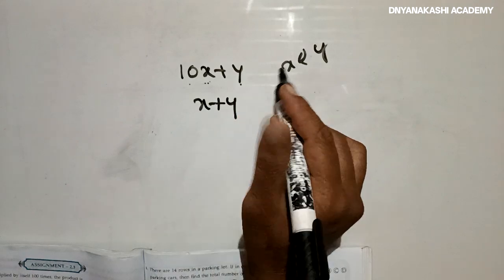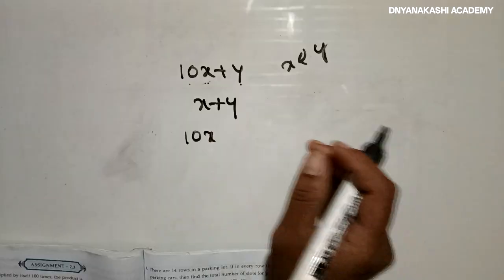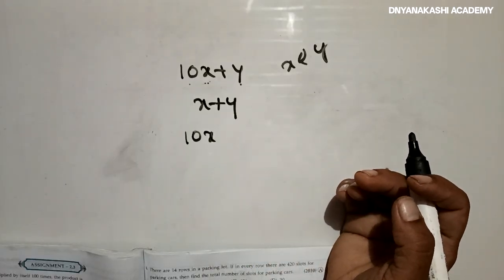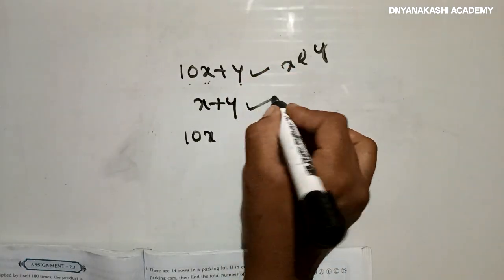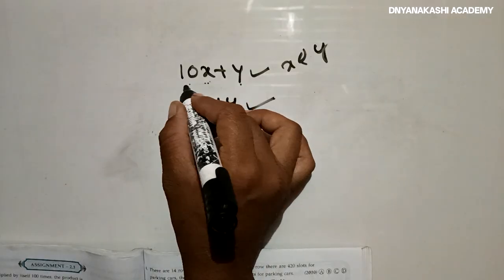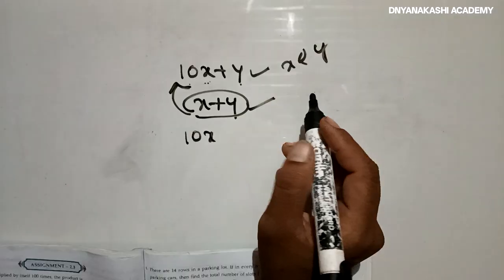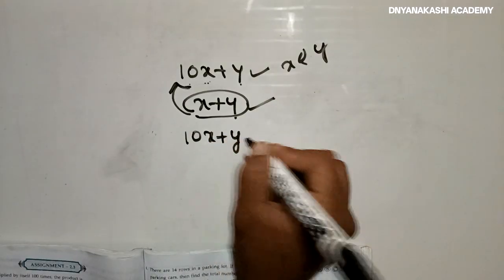What is the question here? The sum of the digits is subtracted from that number. This is one number, and this is the other number. The sum of the digits is subtracted from this number. The final answer is divisible by which number?